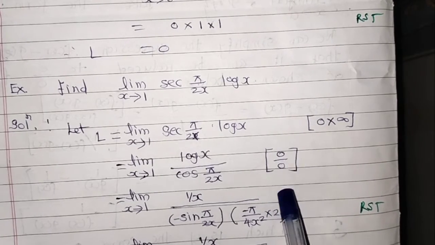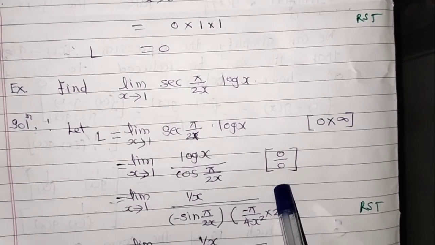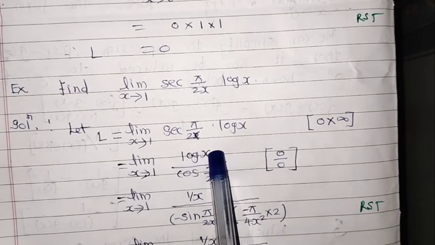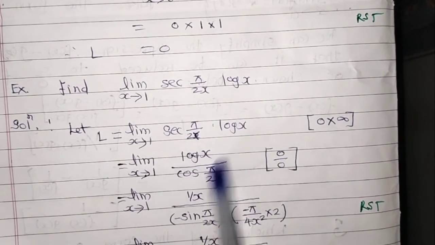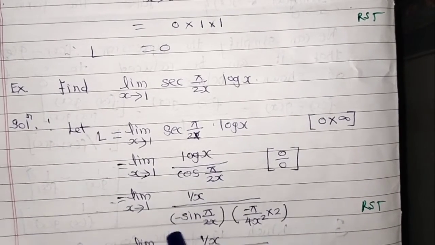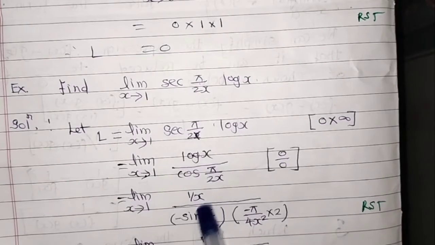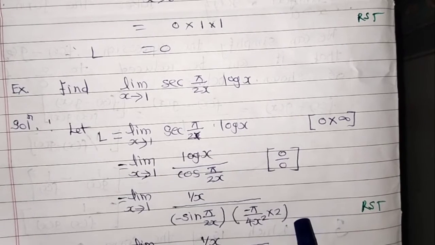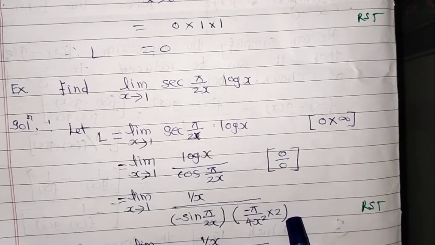If the form is 0 by 0, then by L'Hopital's rule, this is equal to, take derivative of numerator and denominator. Derivative of numerator is 1 upon x and derivative of this cos of pi upon 2x is minus sin of pi upon 2x into derivative of pi upon 2x is minus pi upon 4x square into 2.